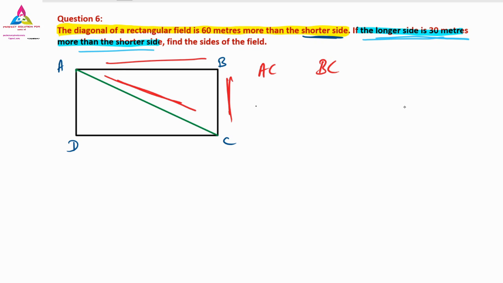Very good. Here they are comparing the longer side, AB or CD. Both are equal, so I will take AB. AB is compared again with the same BC, because BC is the shortest side. So BC is compared twice.